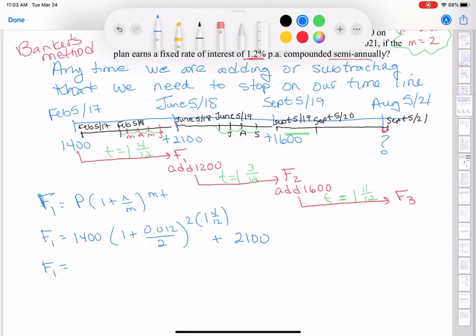And I get a final amount of $3522.512149.